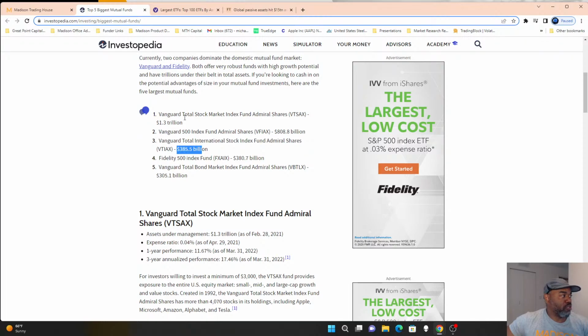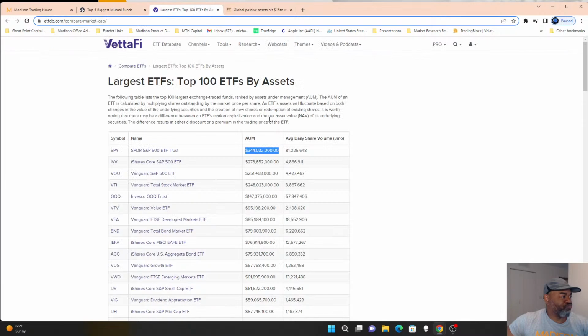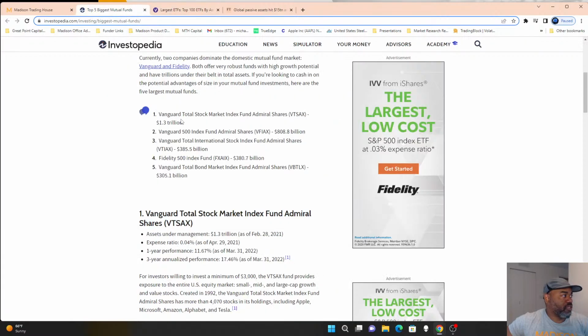So notice that the top 3 Vanguard funds alone have more money each than the entire SPY ETF, which is the biggest ETF in the world. So the biggest ETF in the world, a passive ETF created to allow people to invest their funds into the S&P 500, has less money in it than the Vanguard Total Stock Market Index Fund, which, by the way, is basically following the general market as well.